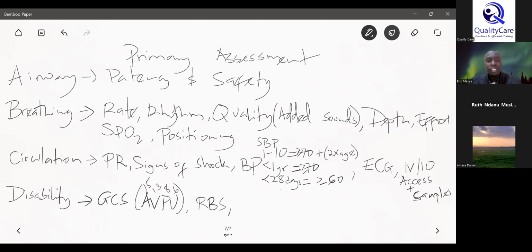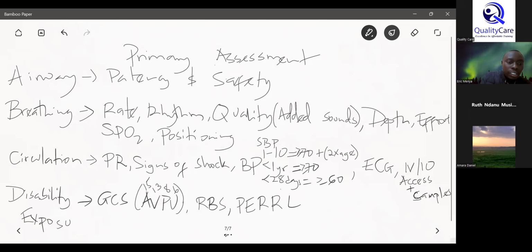Yeah, 3.3 millimoles. Check the pupillary response. Are the pupils equal, round, and reacting to light? And then expose and do a head to toe exam.